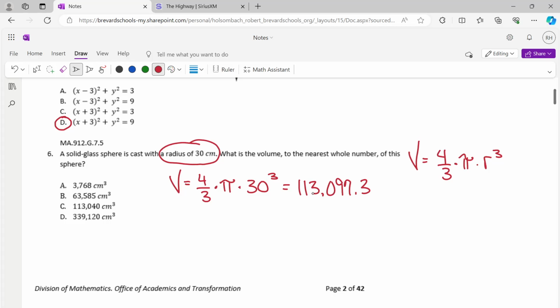So 113.097. Looks like we're right here. I may be that far off because I used the pi button instead of 3.14. But this is the formula for volume of a sphere, and you're going to make sure that you cube the radius.